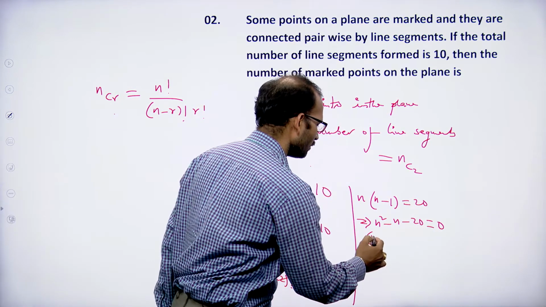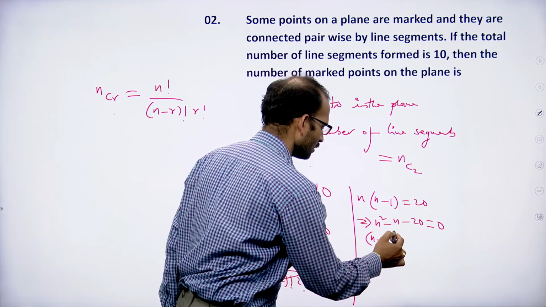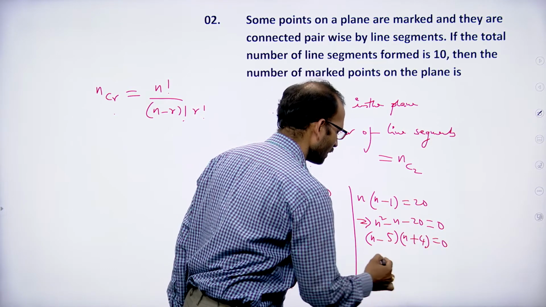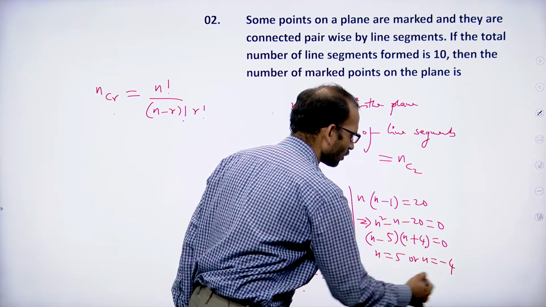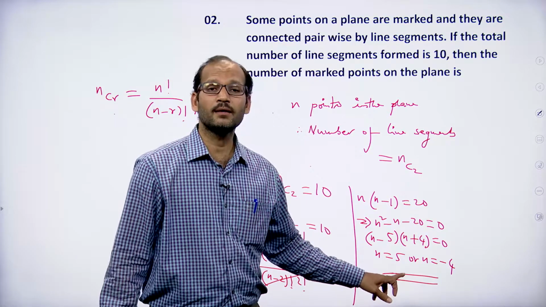So I can factorize this: (n minus 5) into (n plus 4) equals 0, so n equals 5 or n equals minus 4. But see here, n cannot be negative. Why?